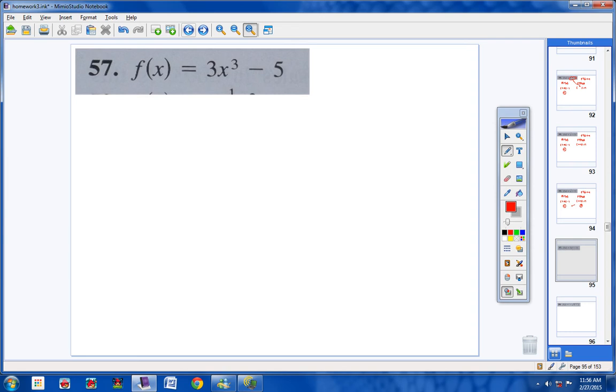So 3, x, arrow, 3, and then minus 5, okay? Then hit graph. Now the graph's going to look like this. I'm not going to draw it perfectly, but it kind of comes up here, skips over, and then goes up.